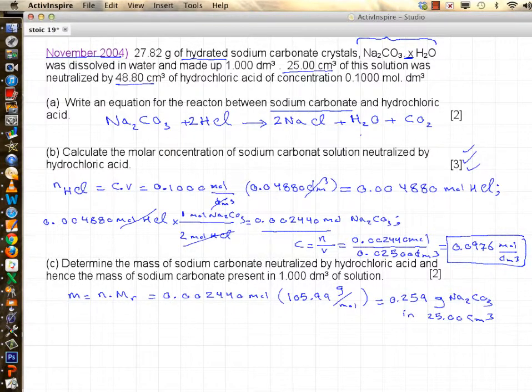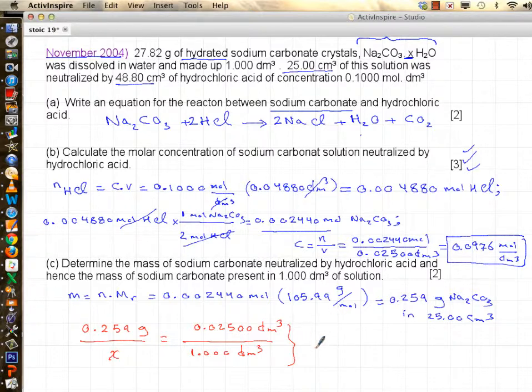Next part is how much do you really have in 1 decimeter cube of sample. So I'm going to look at a cross multiplying ratio. I have 0.259 grams in every 25 centimeter cube, or 0.025 decimeter cube. How much should I really have in 1 decimeter cube?